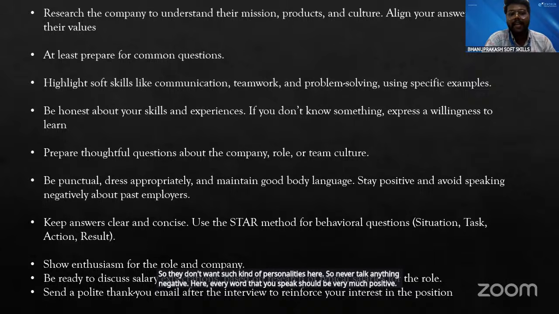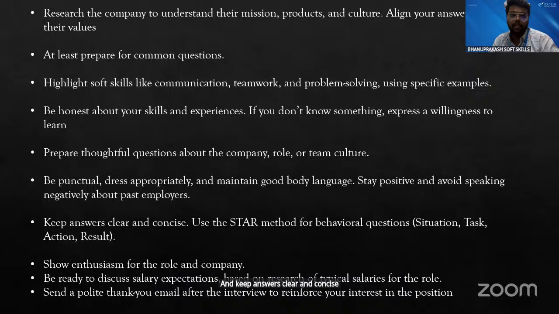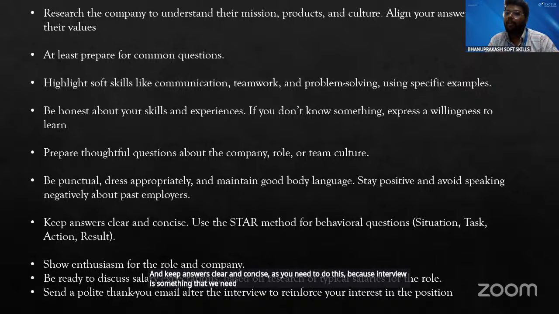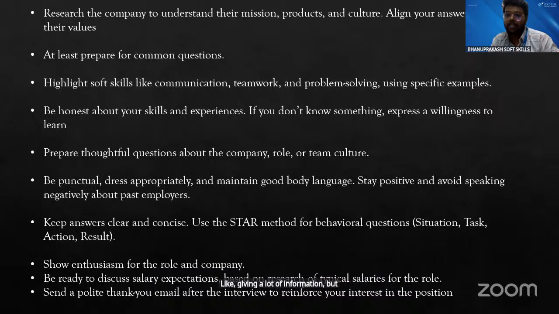And keep answers clear and concise, because an interview is something where we need to prove everything within a very short time, giving a lot of information in few words. That's why every message should be concise, and it should be clear too.